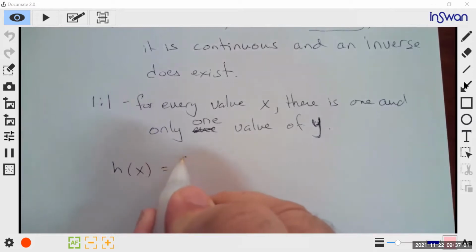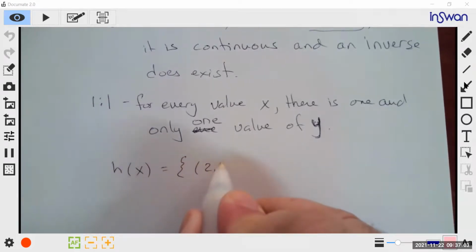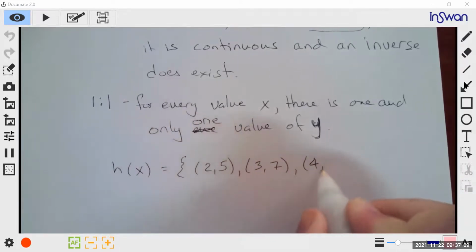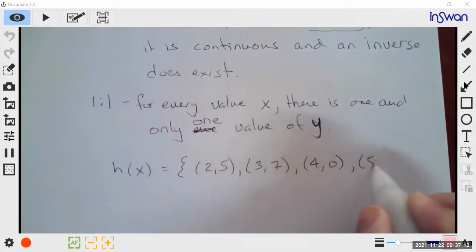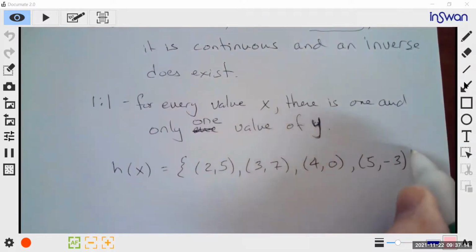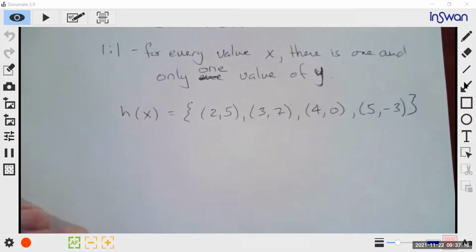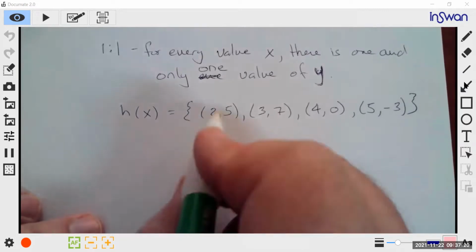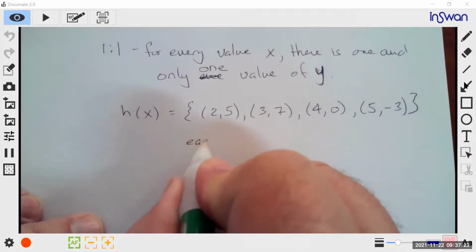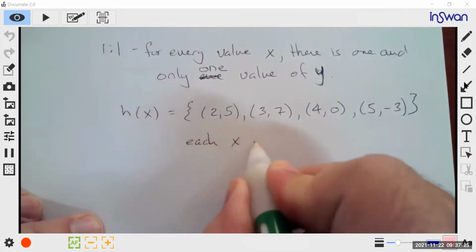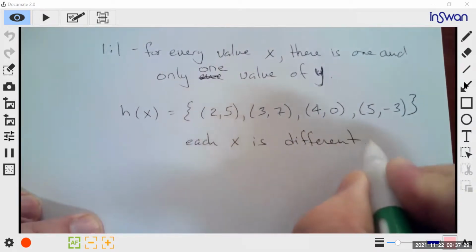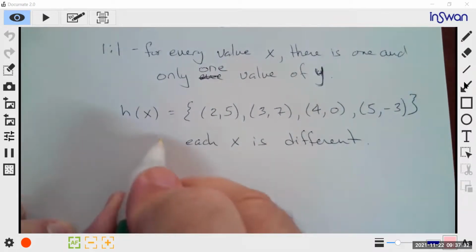Remember, in chapter 2, we looked at number sets. How can we tell that that's one-to-one? Each x is different. That's the first.